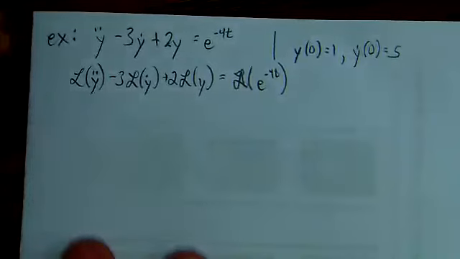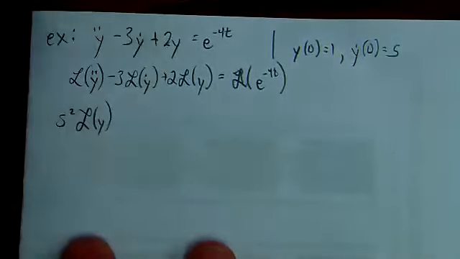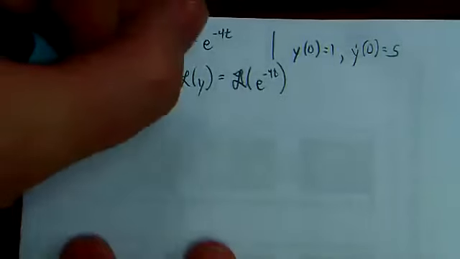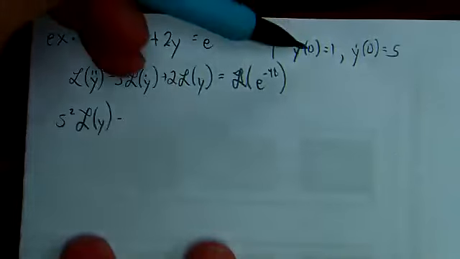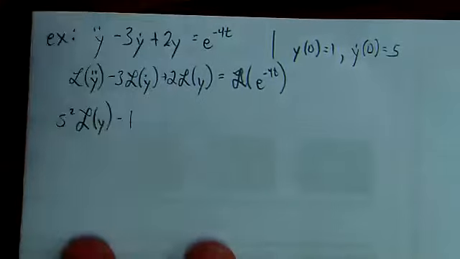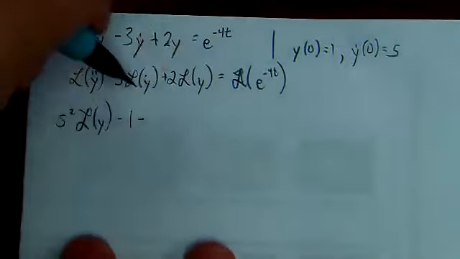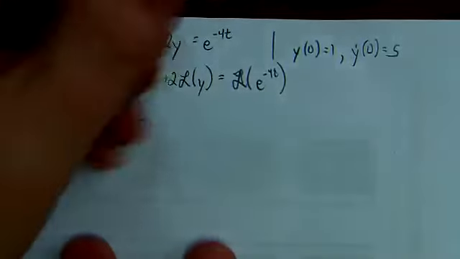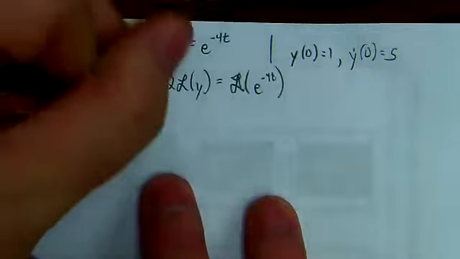The Laplace of y double dot is s squared Laplace of y minus s times our initial value, 1, minus 5.